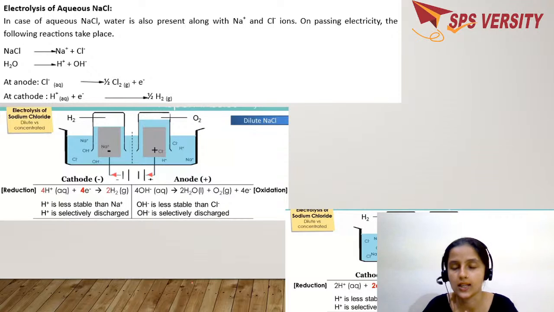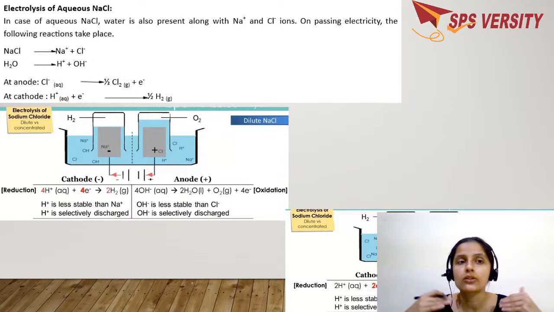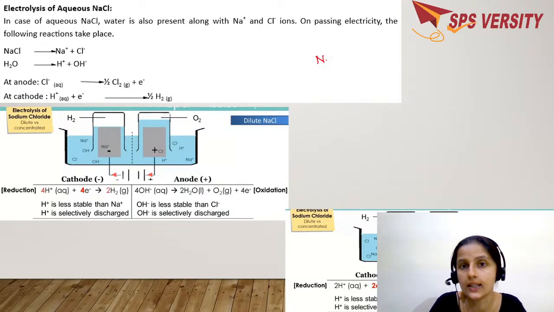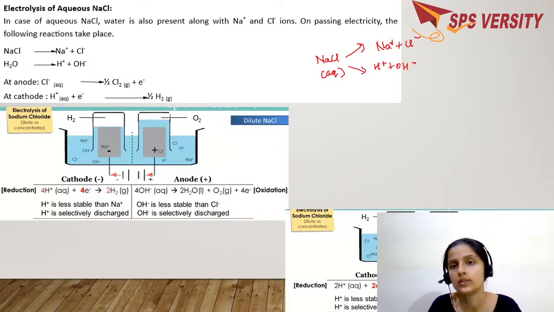Again, in the case of aqueous NaCl, you can have a concentrated solution or a dilute solution. If it is a concentrated solution, the amount of water you are going to add is less, and in the case of a dilute solution, the amount of water you are going to add is more. In both cases, if you take NaCl in the aqueous form, you have Na+ and Cl- from sodium chloride, and also H+ and OH- from water.